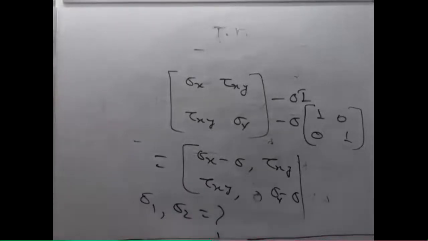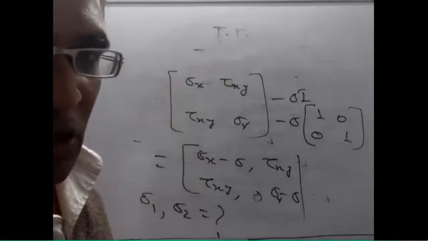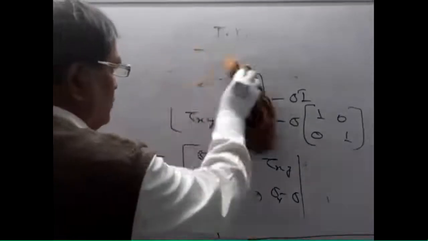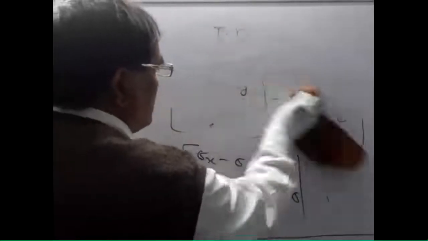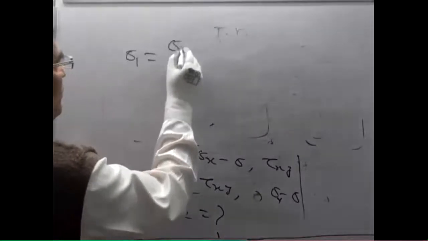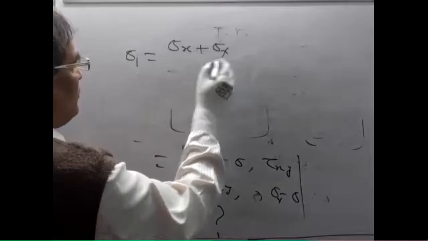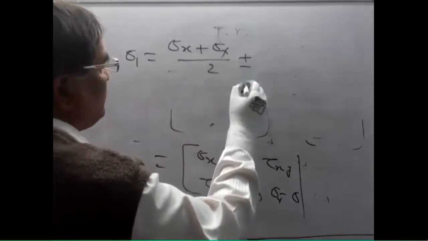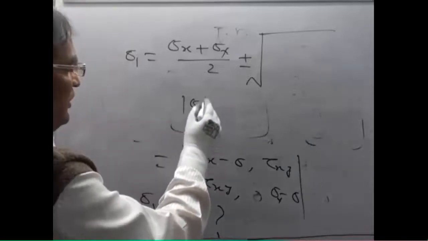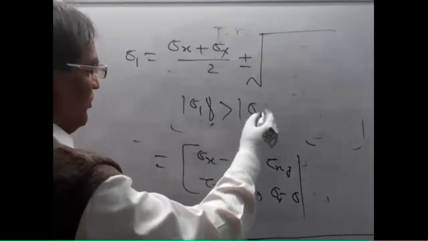Okay, so earlier we have done it for the 3D. Now we are doing it for plane stress, that is 2 dimensions. And you know the standard equation for that. Sigma 1 is equal to sigma x plus sigma y by 2 plus minus the square root term. Generally I have told you that sigma 1 is greater than sigma 2, going magnitude wise.